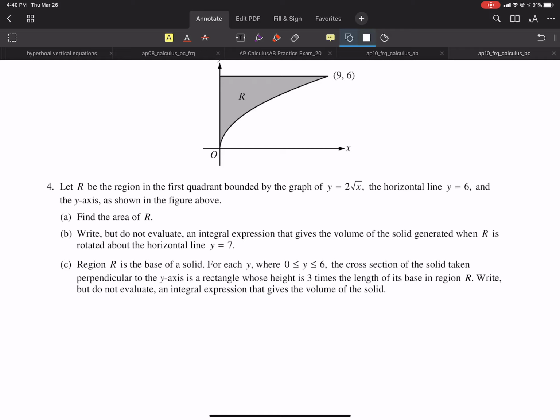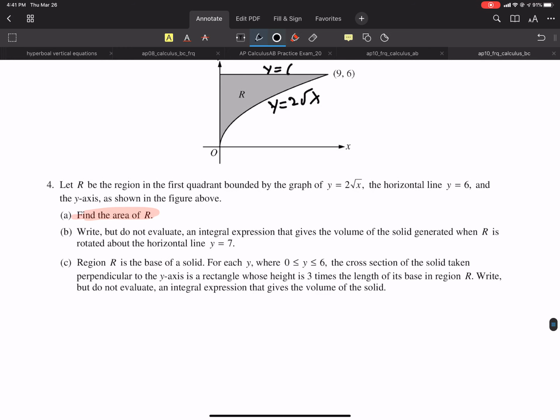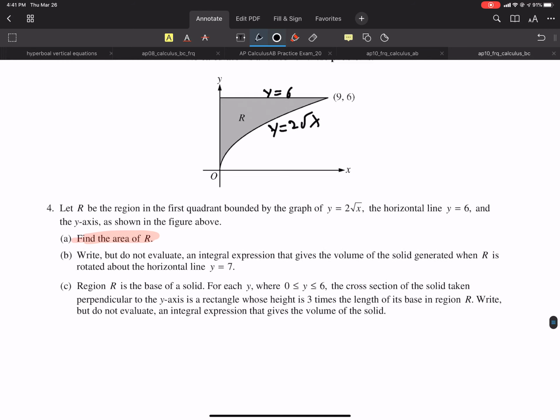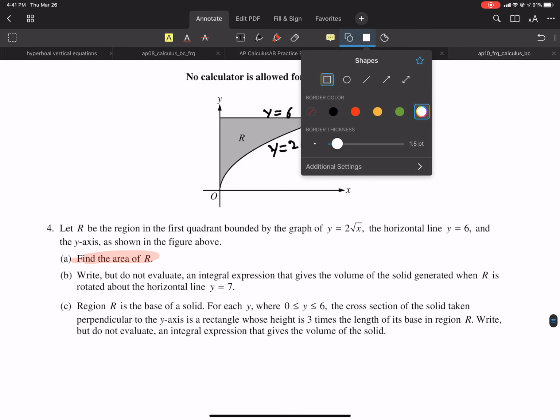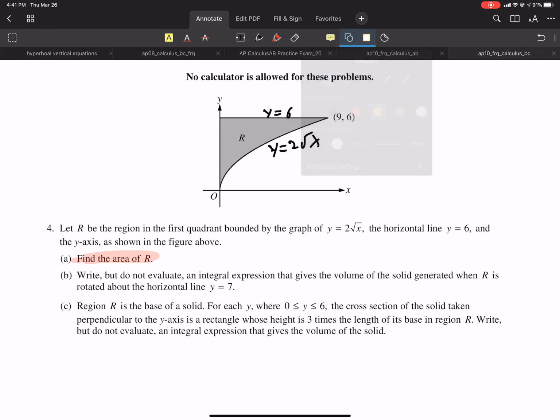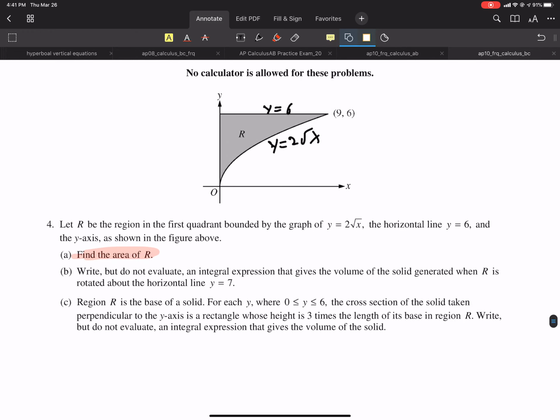So here is number 4. We want the area of R. This function here is 2 radical x, and this is y equals 6. So we're going to be adding rectangles, the yellow ones. There's the first one.